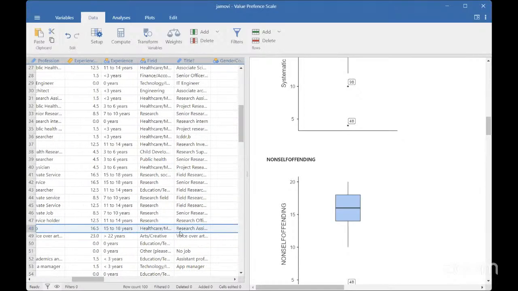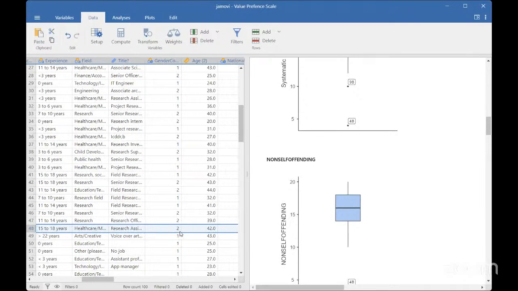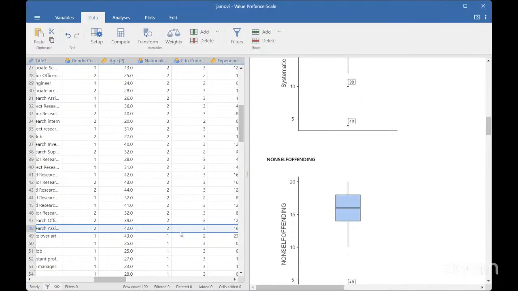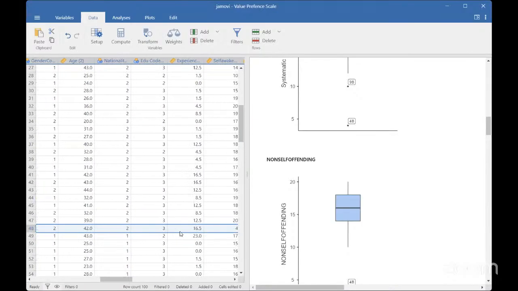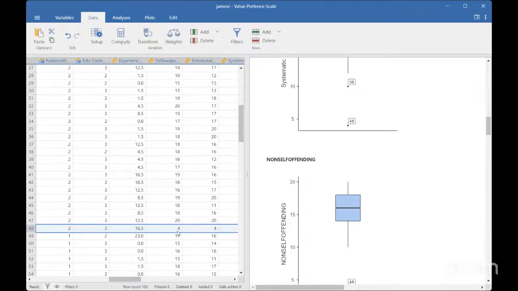And this, go to the research assistant. Now here it starts. Gender is 2. And the experience is 16.5. Now you go to the self-awakening, it is 4.